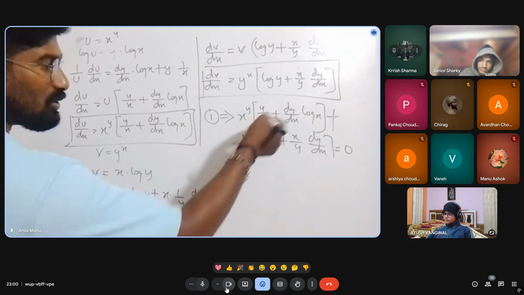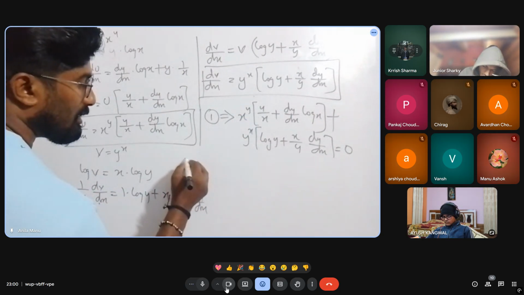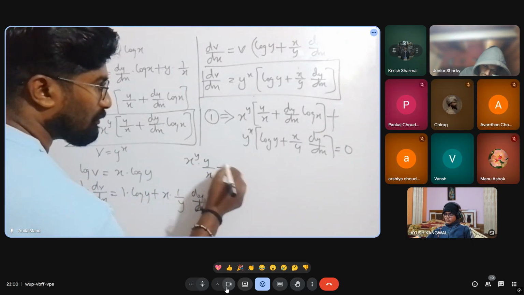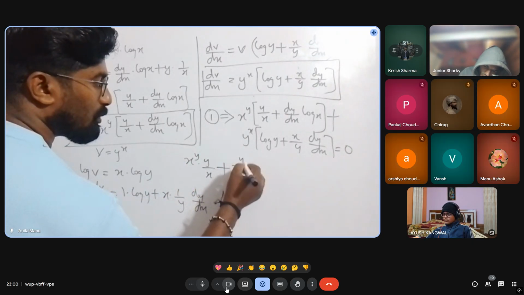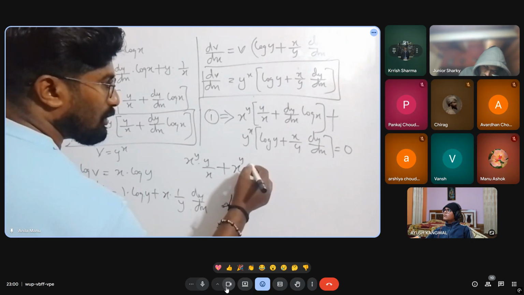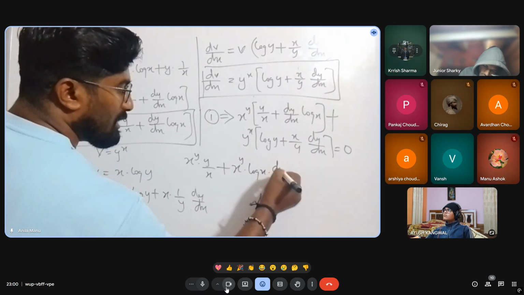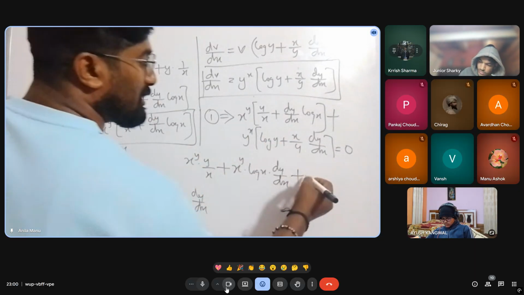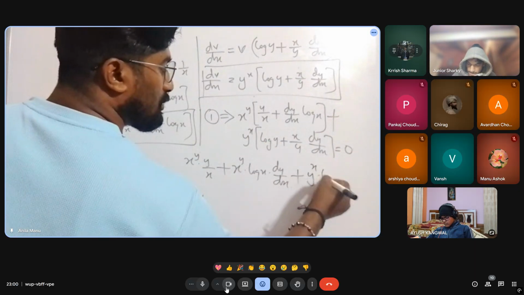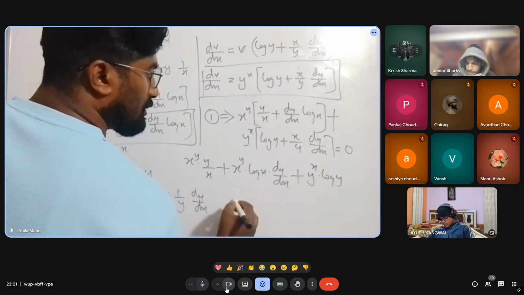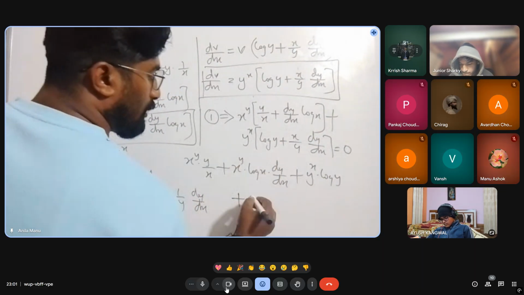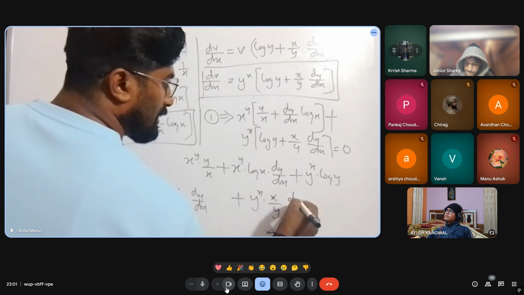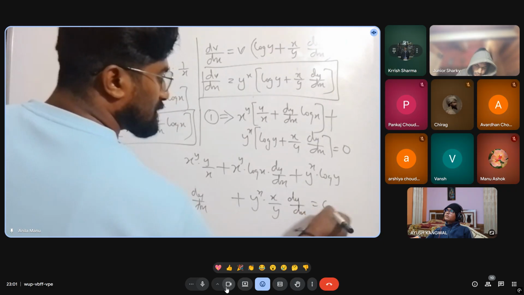We get x raised to y into y by x, plus x raised to y into log x into dy by dx, plus y raised to x into log y plus y raised to x into x by y dy by dx is equal to 0.